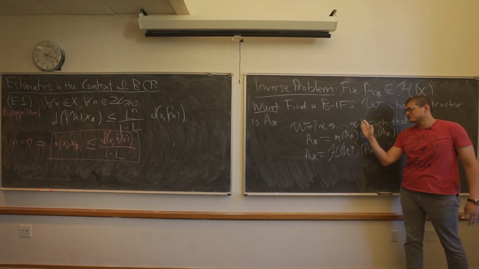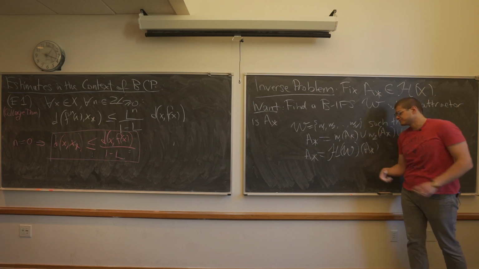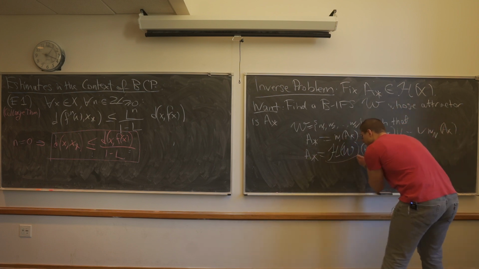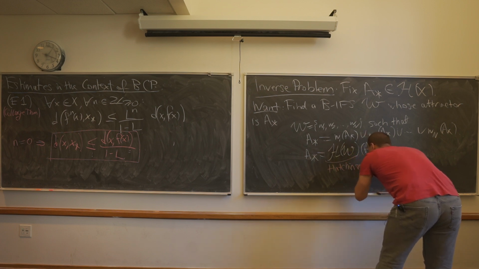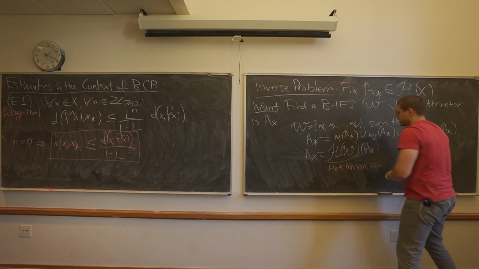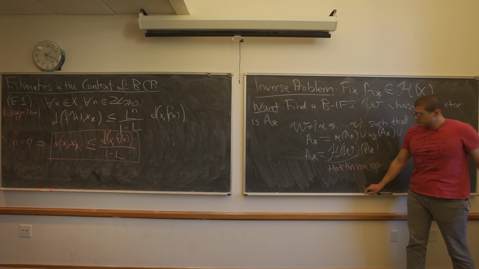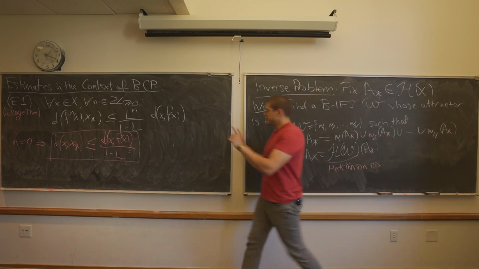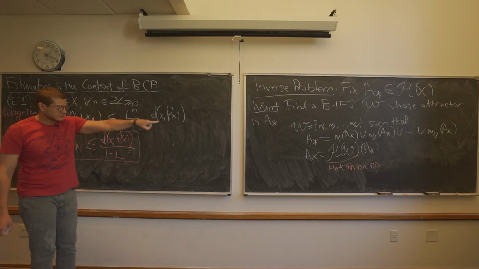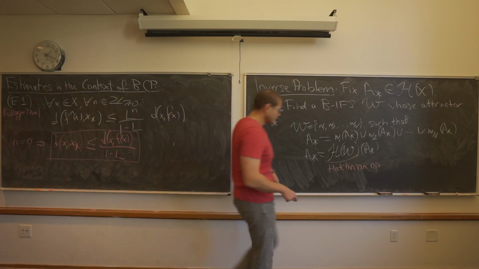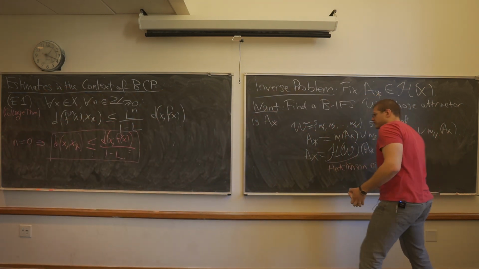I don't know the iterated function system, which means that I don't know this function. Okay, now let's write this expression in that context. And then after that, we're going to take a break.